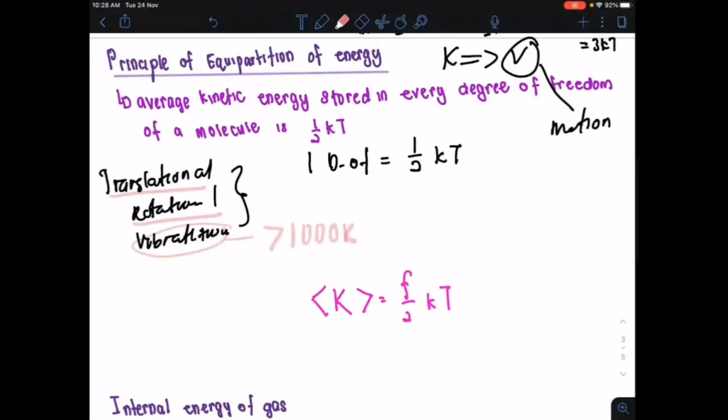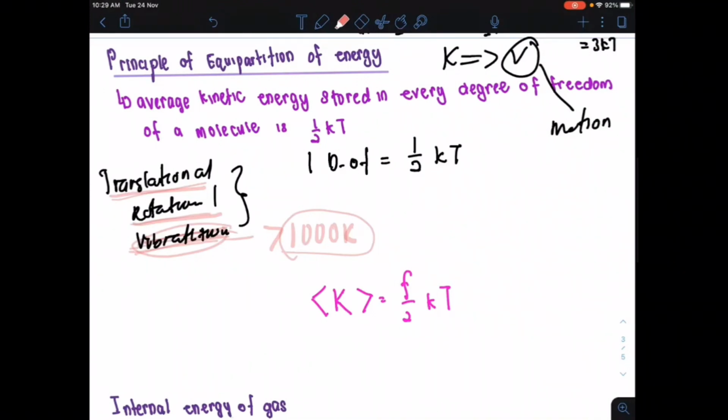Okay, so dia hanya boleh vibrate when the temperature is very high, iaitu 1000 Kelvin. So kita akan abaikan the vibrational part. We'll only look at the translational and also rotational.